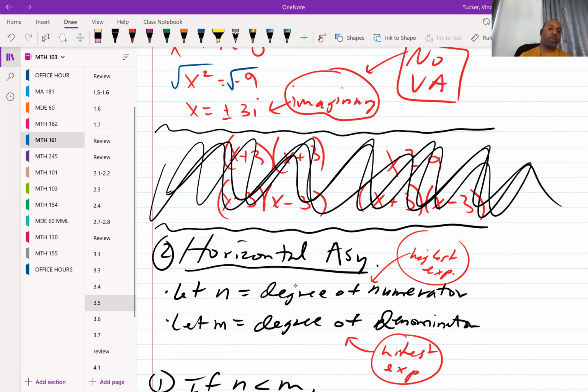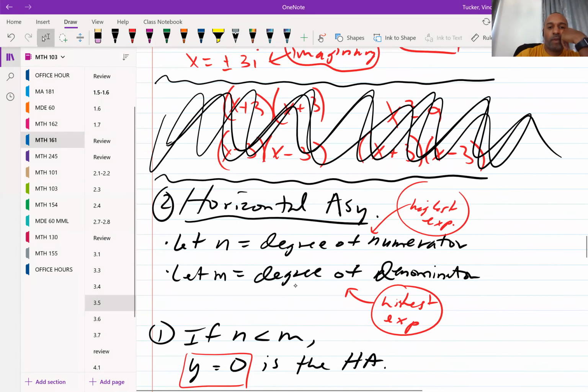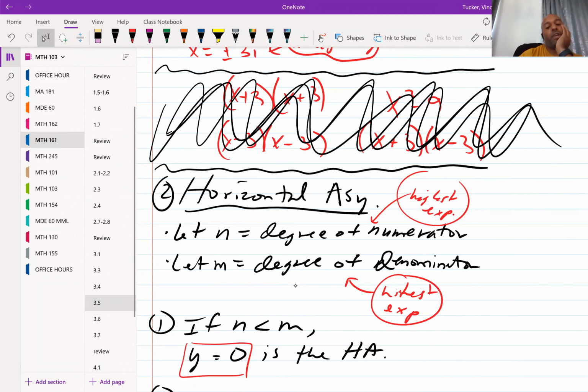So the highest exponent in your numerator, highest exponent in the denominator, is going to dictate our actions here. First scenario, if the degree of your numerator, or highest exponent in your numerator, is less than the highest exponent in your denominator, the horizontal asymptote is 0.